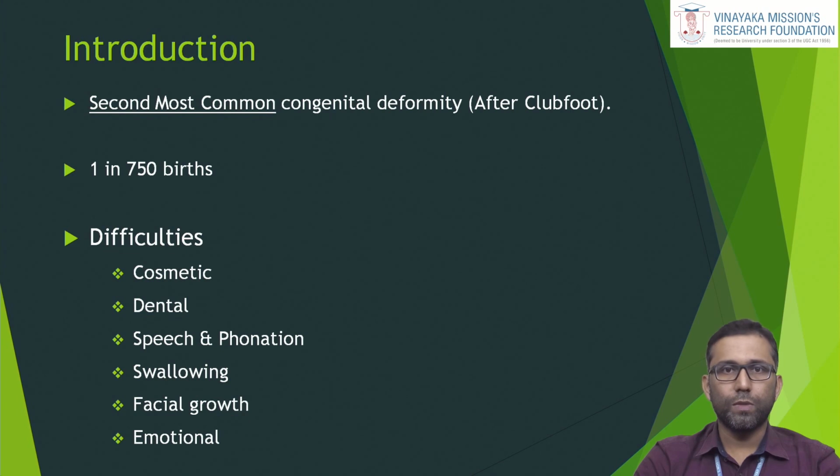In swallowing, in palatal defects, it will be difficult for the child to swallow, as there is a continuous connection between the nasal cavity and the oral cavity. Whenever the child tries to swallow, there will be nasal regurgitation of the food. So that is the difficulty with swallowing.